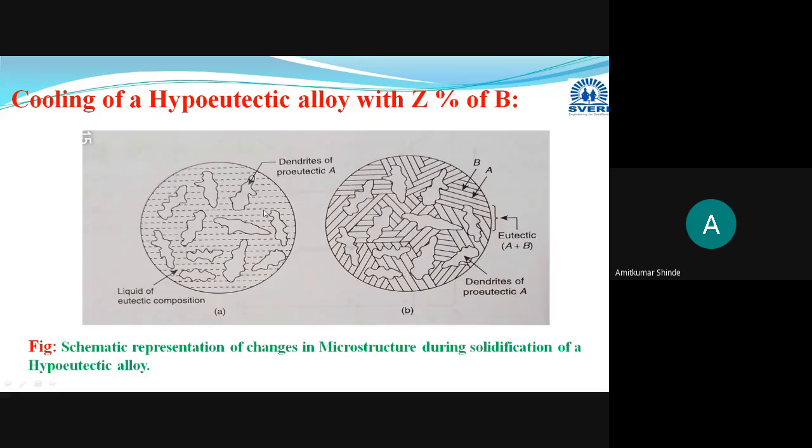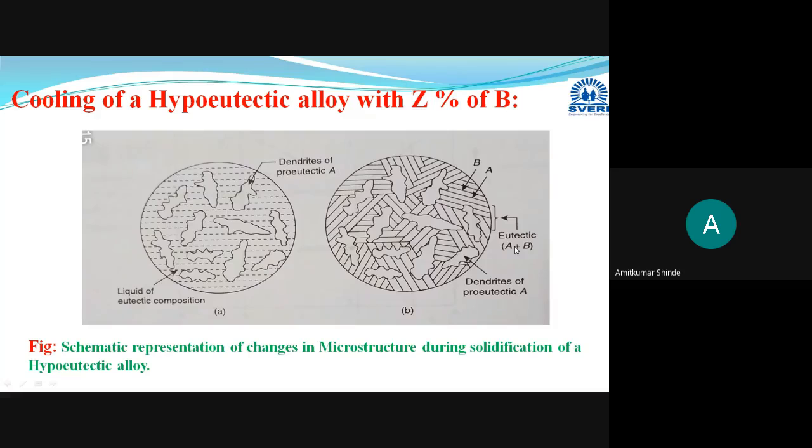Then whichever amount of liquid is present, when the temperature reaches point 3 or below, this liquid will get transformed to a mixture of two solids which contains element A and element B. This mixture will be termed the eutectic mixture.